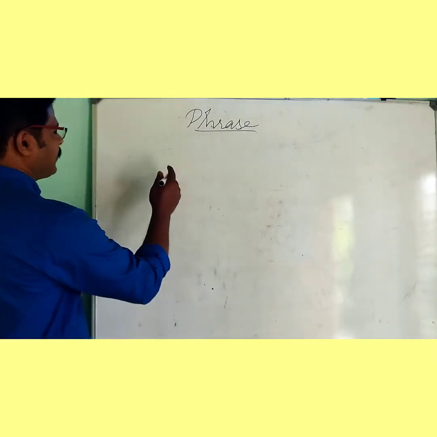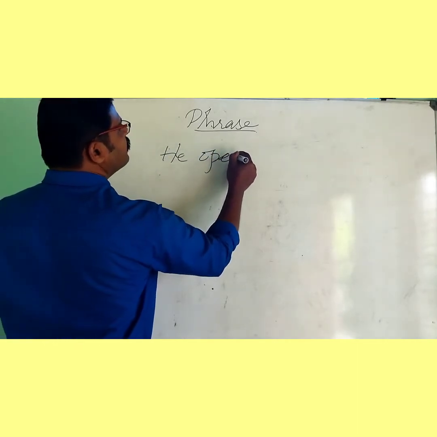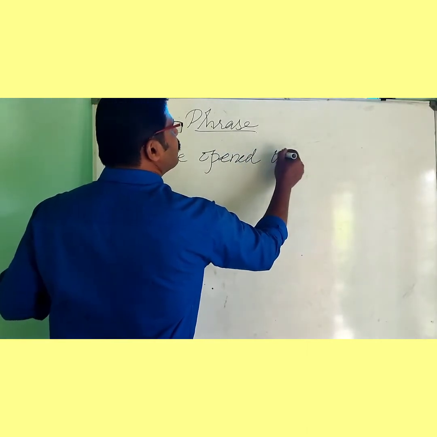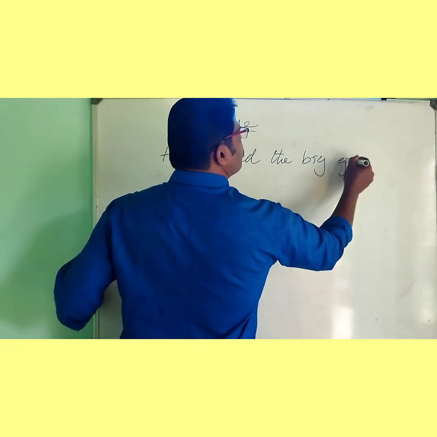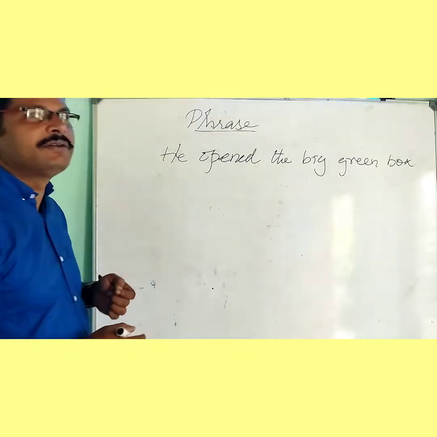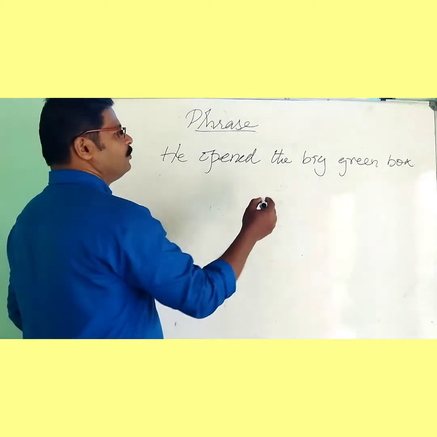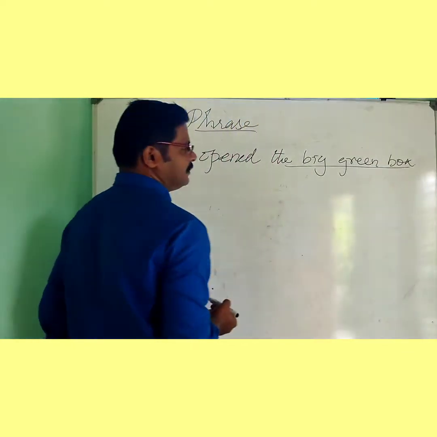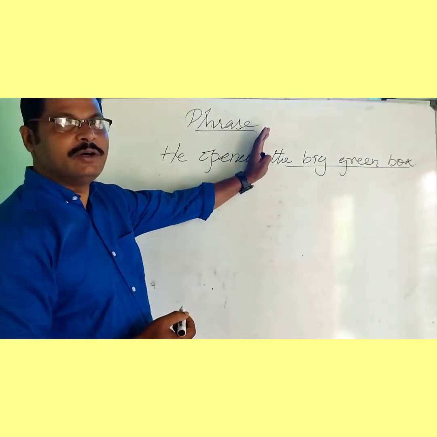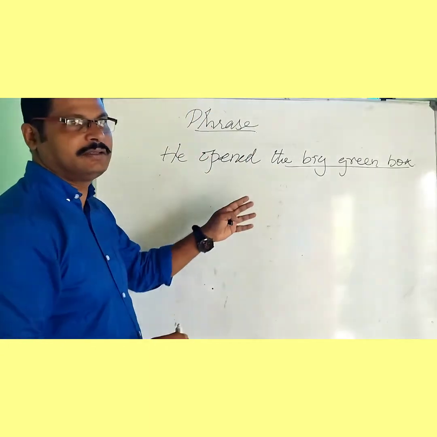Let's see. He opened the big green box. See the group of words here, the big green box, doesn't have a subject and a verb in it. So we can say this is a phrase.